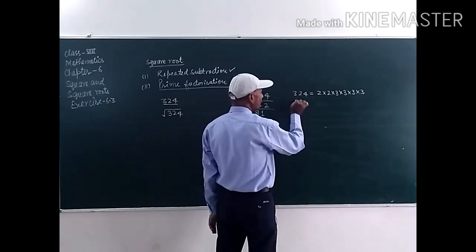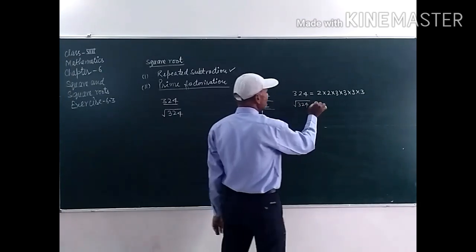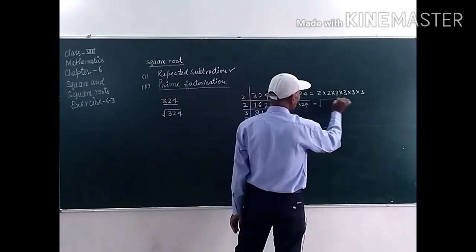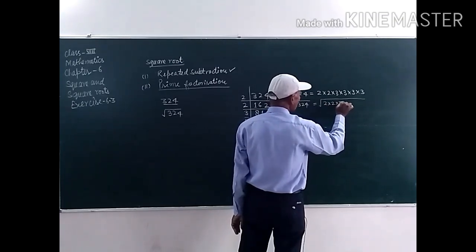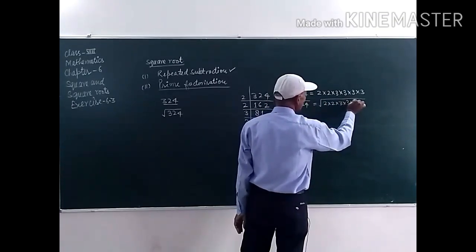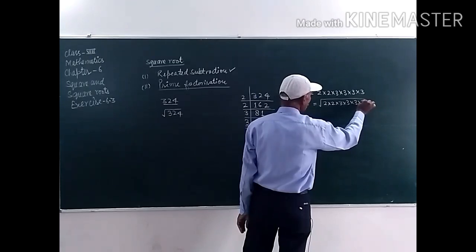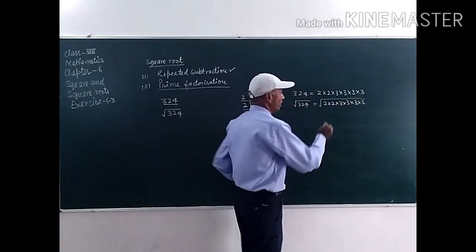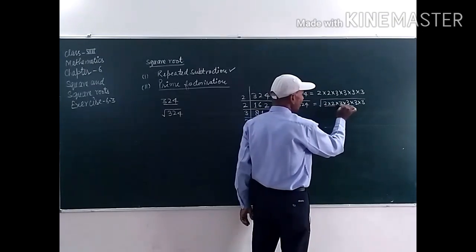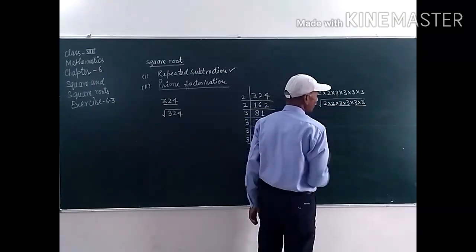Now the square root of 324 is equal to the square root of 2 into 2 into 3 into 3 into 3 into 3. Now we have to make pairs, student. So this one is the first pair, this one the second pair, this one the third pair.